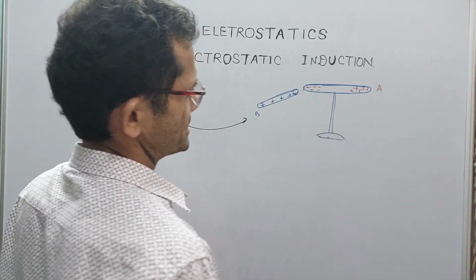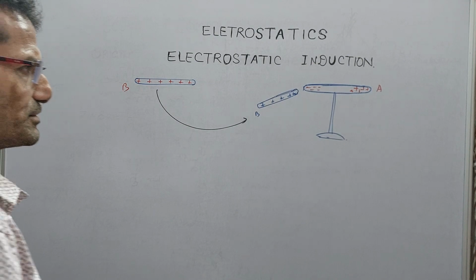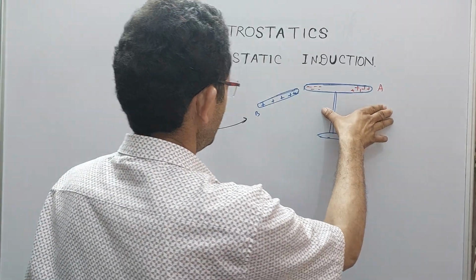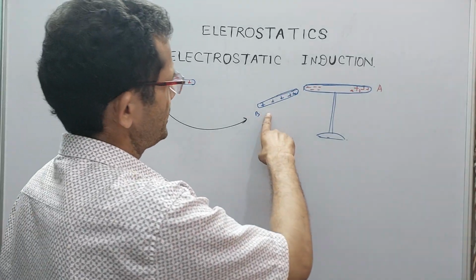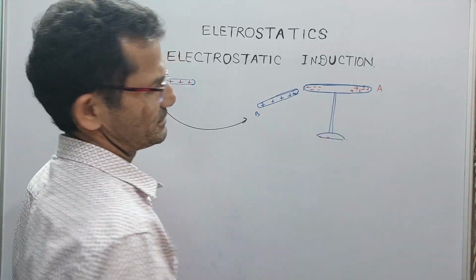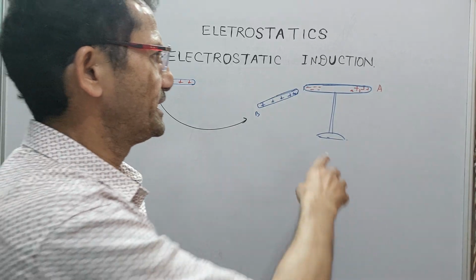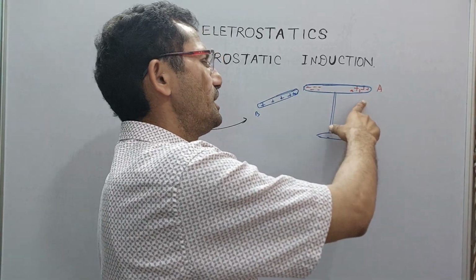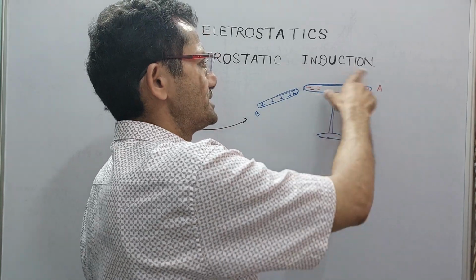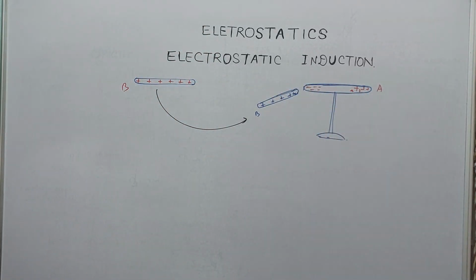So that's why by induction we have redistributed charges on conductor A. There is no effect on the charge distribution of rod B. There is no loss or gain of charge in B. Since A is electrically neutral, whatever negative charges come at this end, the same positive charges will remain there. So at the end, the net charge on rod A is also 0.